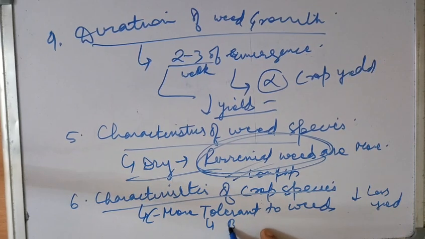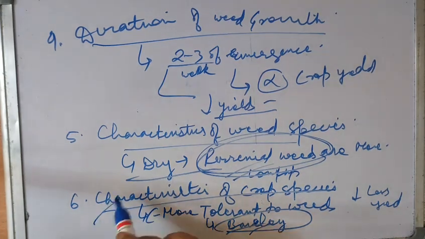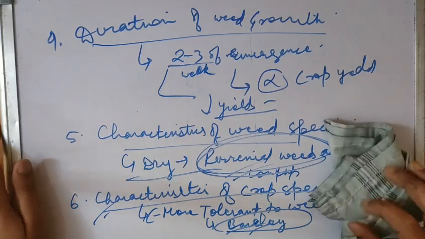Example, barley. Barley is very tolerant to weeds, so it will not lose its yields. So what kind of crop it is also affects crop weed competition. These are some common factors affecting crop weed competition.